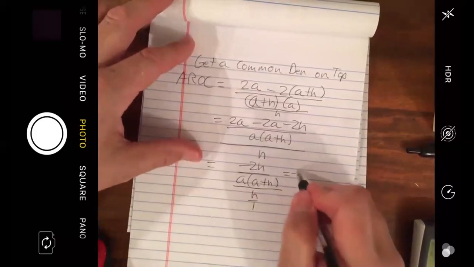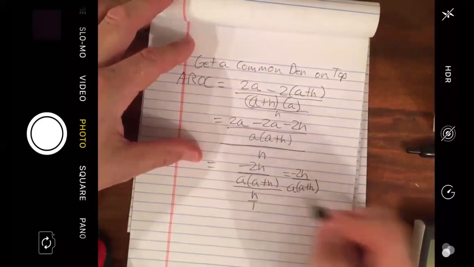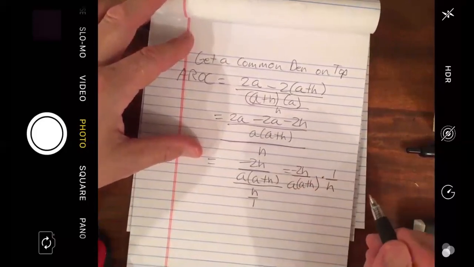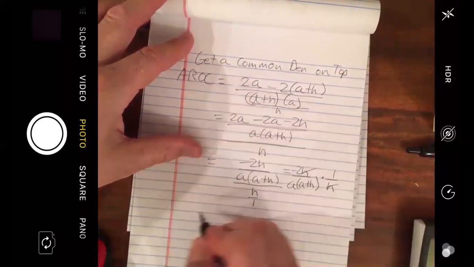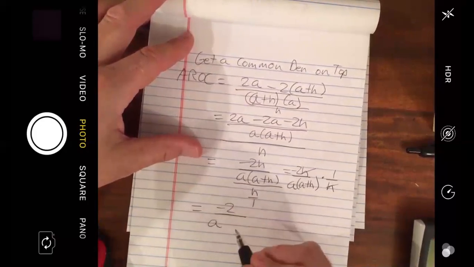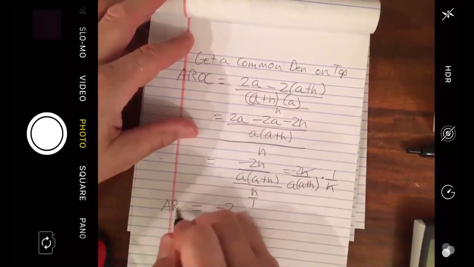Take the top times the flip of the bottom. H's cancel. I wind up with negative 2 over a times a plus h. That's my average rate of change.